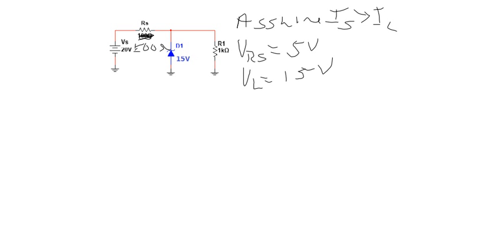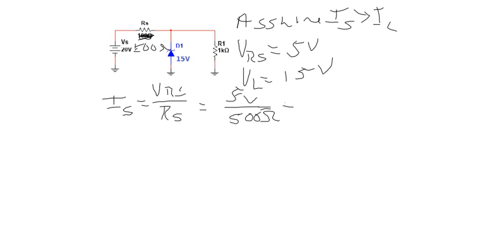Now let's calculate the currents and see if our assumption is correct. IS now is going to be VRS, just like before, but it's a different resistor. It only gives me 10 milliamps as opposed to the 50 we had before.